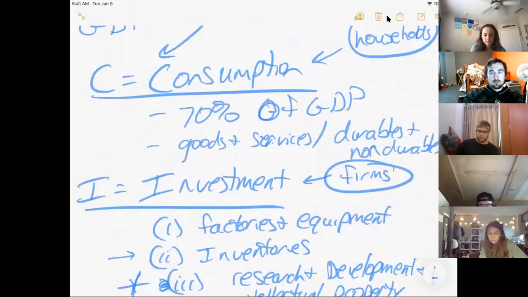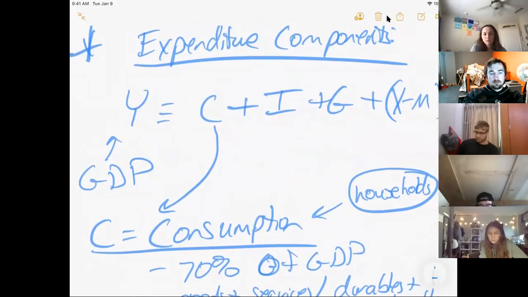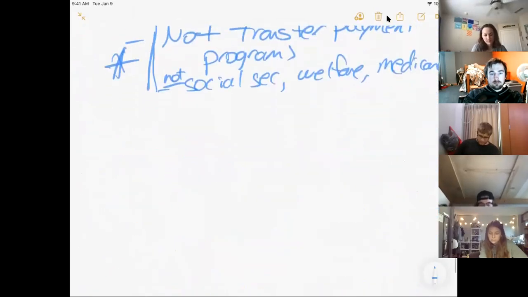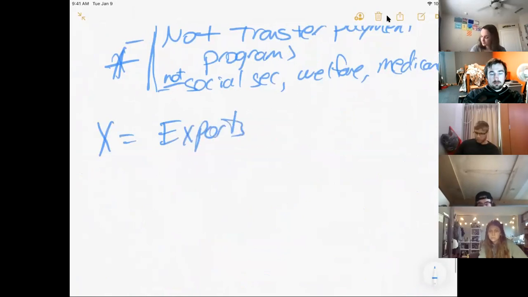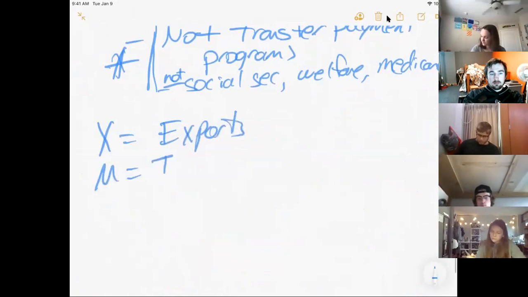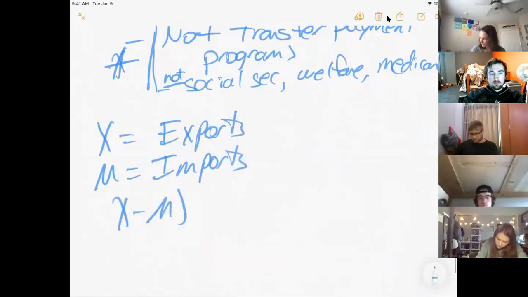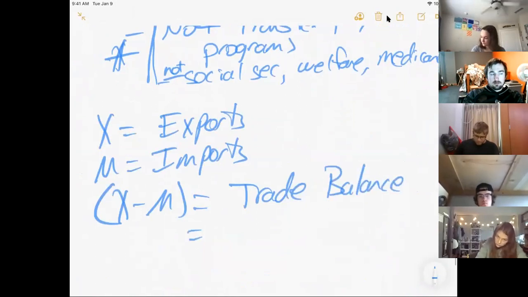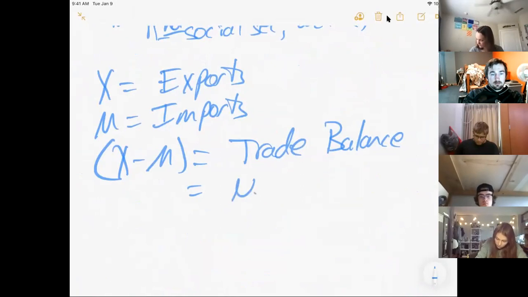Okay, Y equals C plus I plus G, and then finally we get to X minus M. What is X minus M? X is exports, and M is imports. And the difference we'll call the trade balance, or sometimes we'll call it net exports, right?